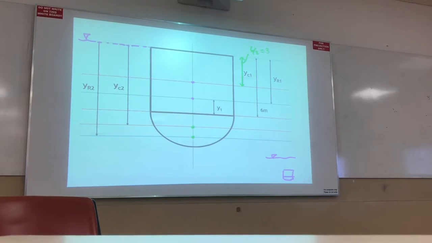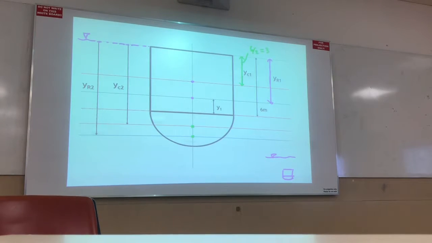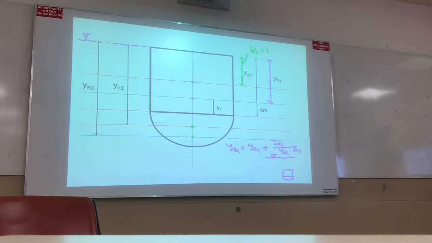So what is YR1? YR1 becomes YC1 plus IXC divided by YC1 times the area of the rectangle. IXC you can get from the picture or chart: 1/12 B A cubed, where B is 6 and A is 6.